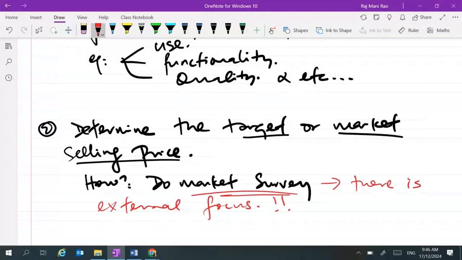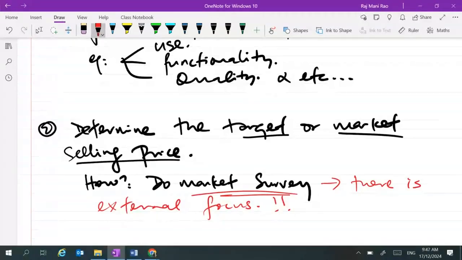So for example, this is the product that I've developed. This is how the product is going to look. This is the shape. This is the size. These are the buttons. This is the function, all that. So I do a market survey. How much are you willing to pay for this calculator?